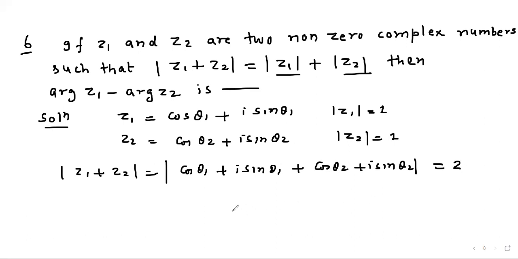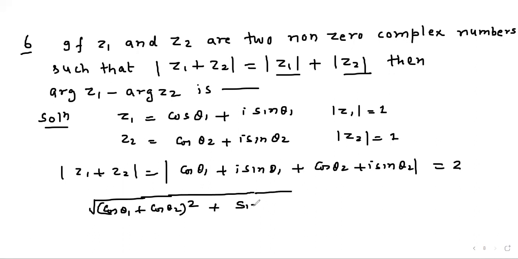Now we can write it like cos theta 1 plus cos theta 2 whole square plus sin theta 1 plus sin theta 2 whole square equal to 2.